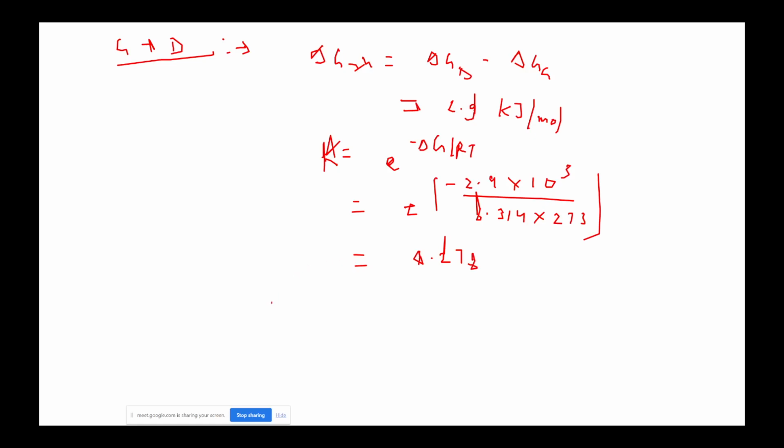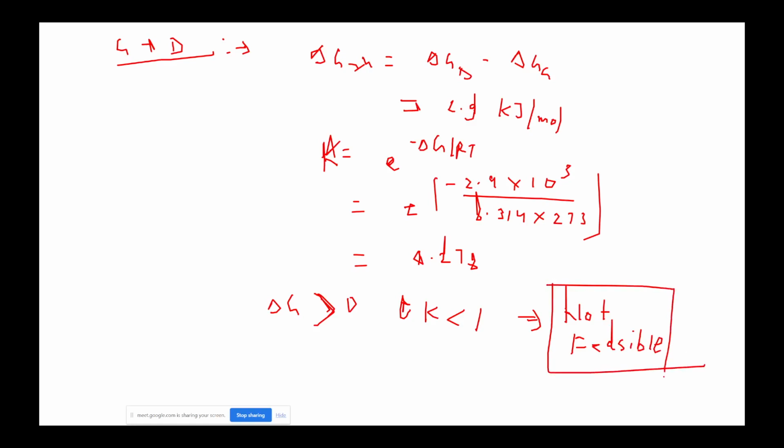So since your delta G is greater than 0 and K is less than 1, what will it be? It will be not feasible. Your reaction is not feasible. Got it? So this will be your answer. I hope you have gotten this.